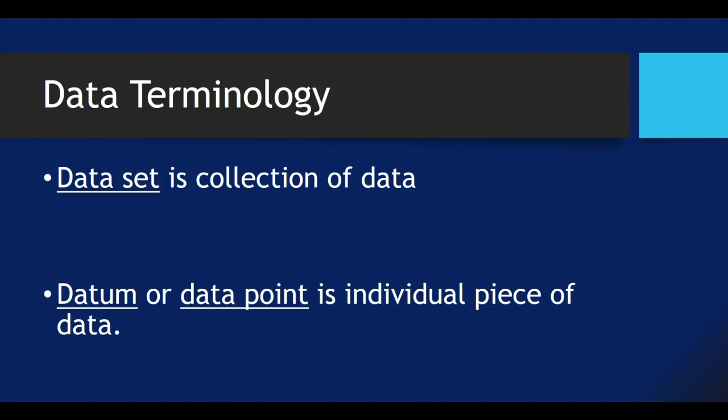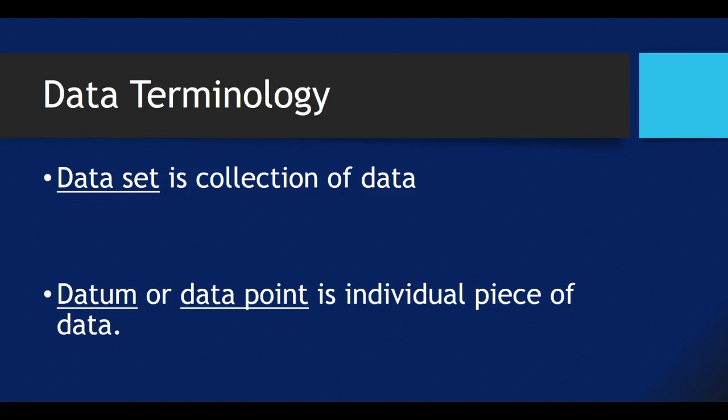Now, just as terminology, so I can start using this more often, a data set is what we're going to refer to as a collection of data. By the way, the word data generally is plural. So if I say these data, it's a plural term. All right. So data set is a collection of data.